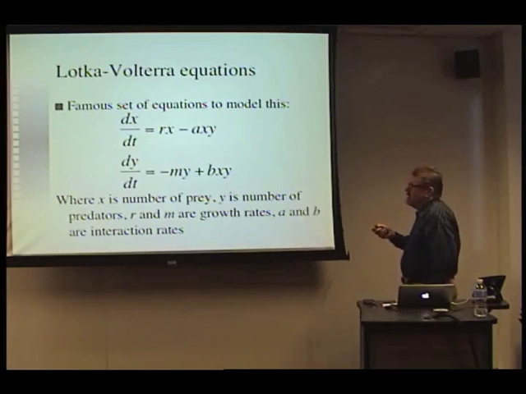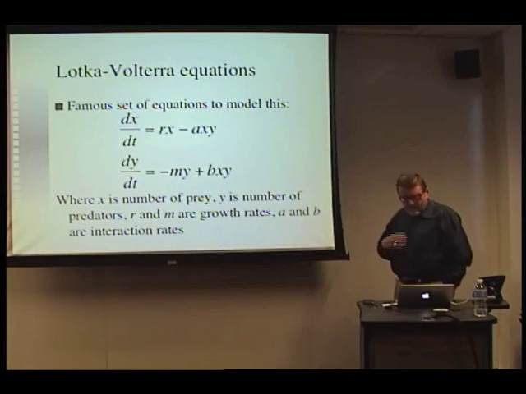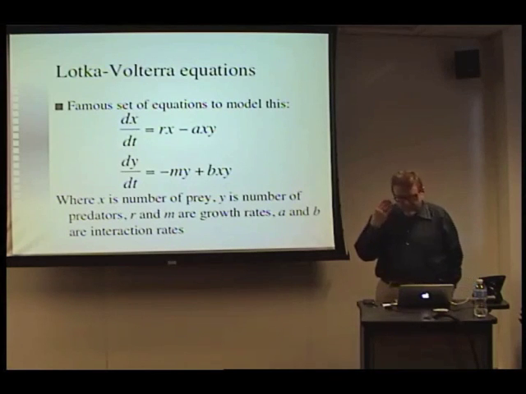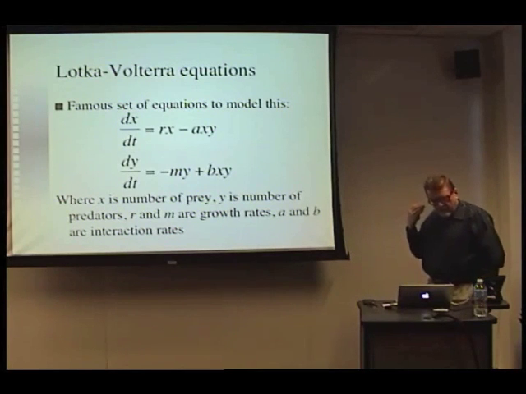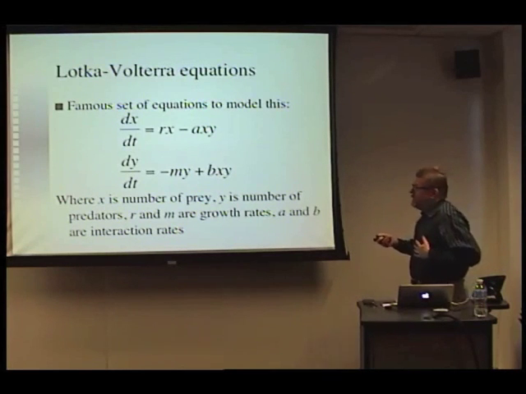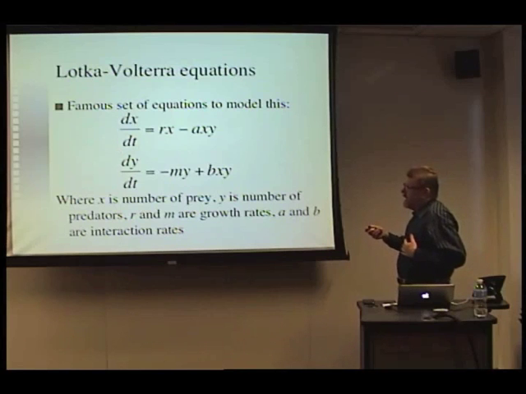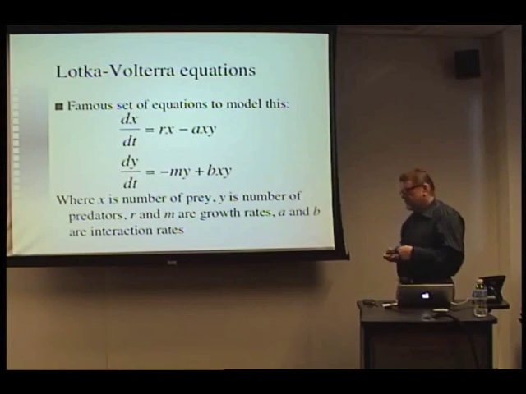And they're shown here. In this case, we're going to just have two variables in addition to time. So the time is going to be our independent variable, and then x and y are going to become our dependent variables. Rather than saying y1 and y2, we're going to just say x and y.